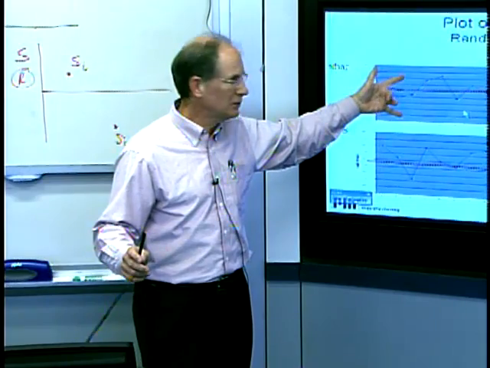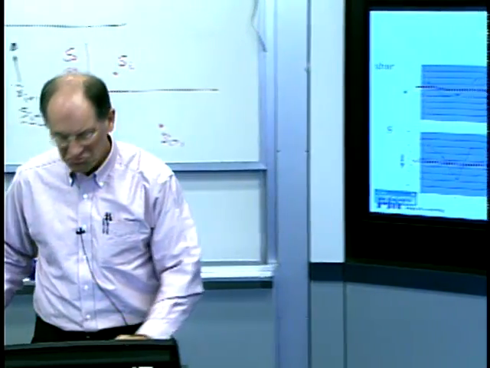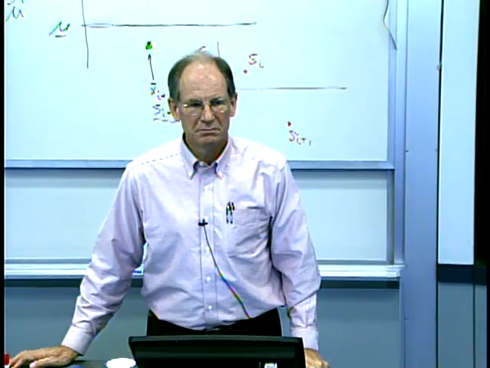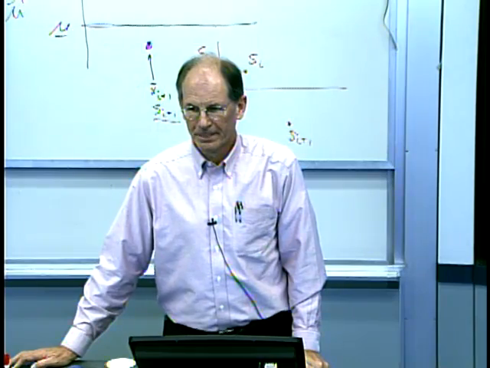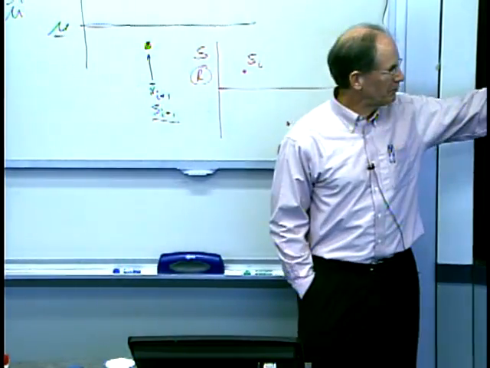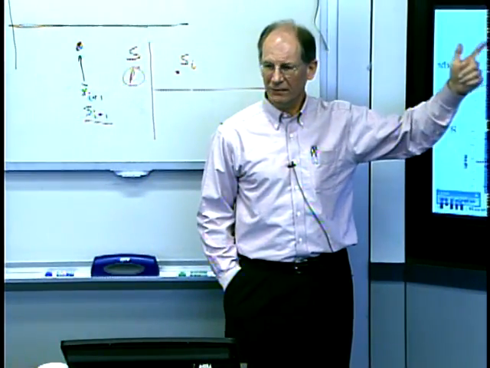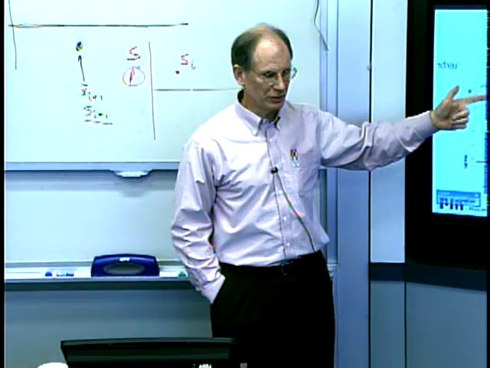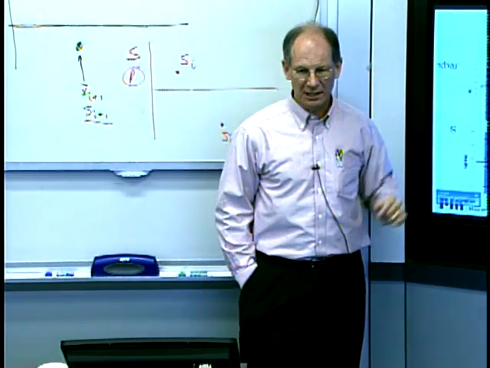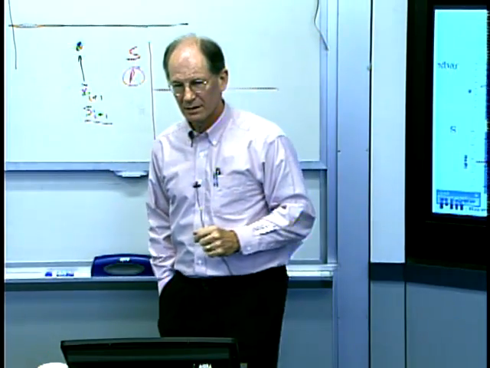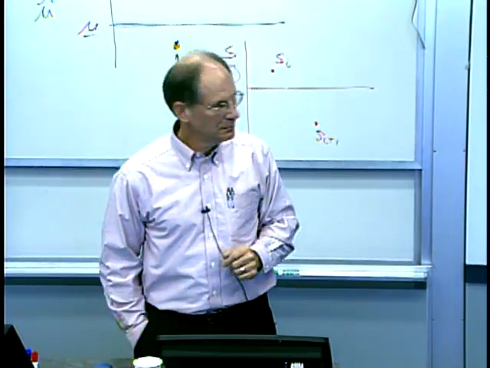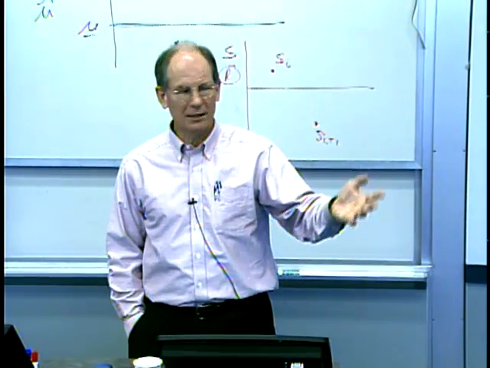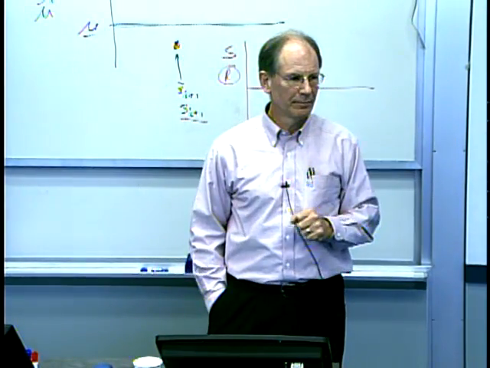But what else could I do looking at a run of data like this to say, yeah, it kind of looks like it's in a state of statistical control? In other words, if the process is truly stationary, if it is truly following a normal distribution, what would I expect this data to look like? Yeah, it's supposed to look random, but how do I look at that and say, oh yeah, that's random?